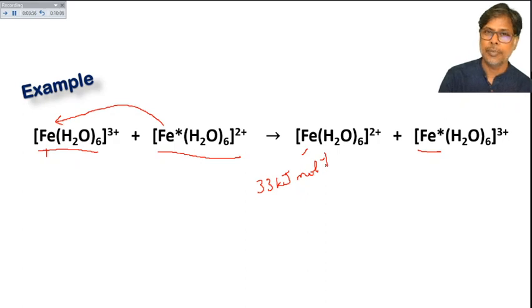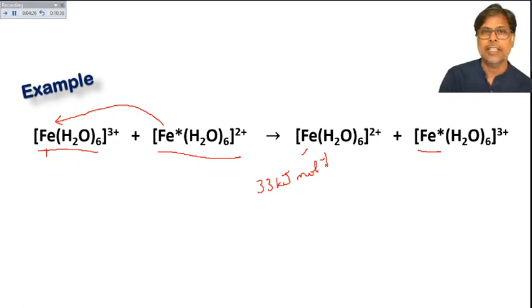So the bond lengths of the iron 2 complex are going to become shortened, and the bond lengths of the iron 3 complex are going to elongate. But anyway, we're going to discuss that in a pictorial representation that I'm going to show you. But basically, an activation energy of 33 kilojoules per mole is required for this reaction to happen.